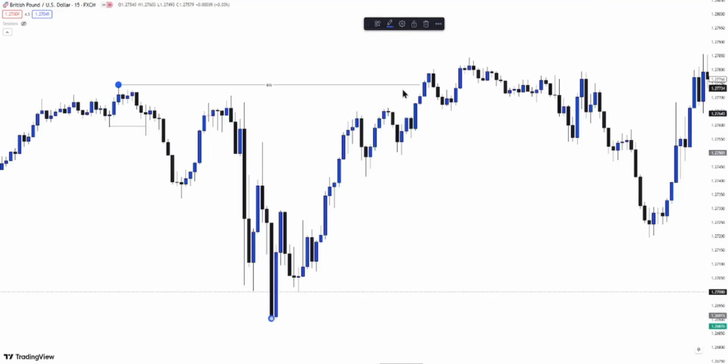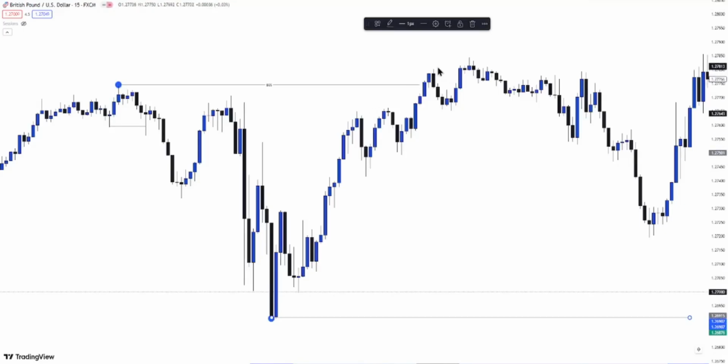Because it sponsored the move up to take out this major structure high, this low is protected. If for any reason price now rotates back down to take out this low and closes below it, that will become a change of character in the market. Simple. But as it stands now, this low is protected.